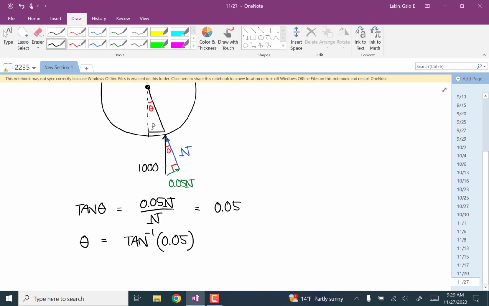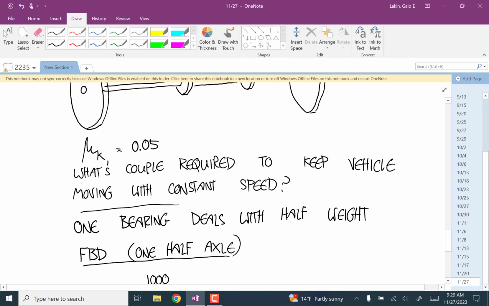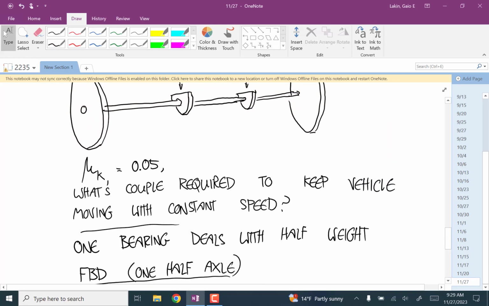Okay, so one other thing that I need to give you here that I didn't is you're going to need to know the radius of the axle. So this would have to be given. Radius of the axle, let's say that it's 1 centimeter.